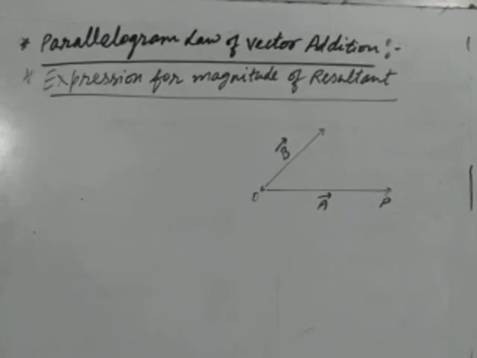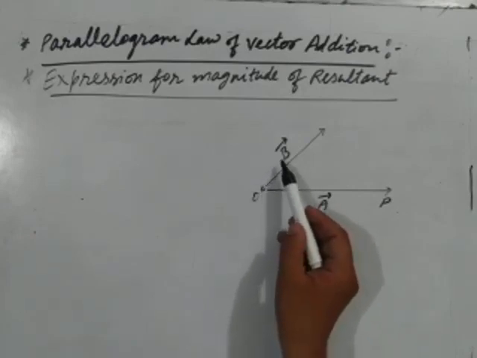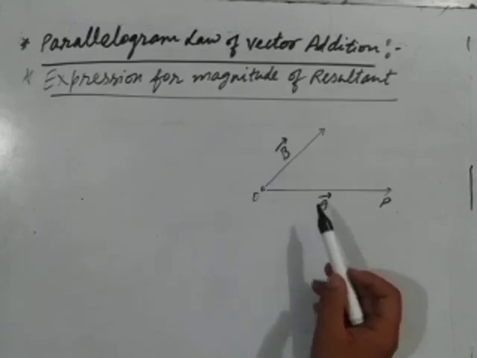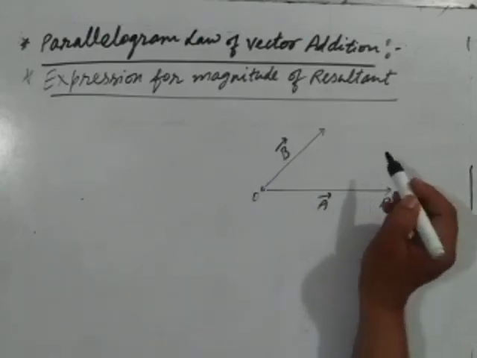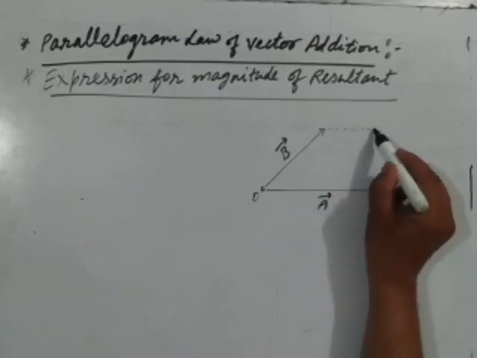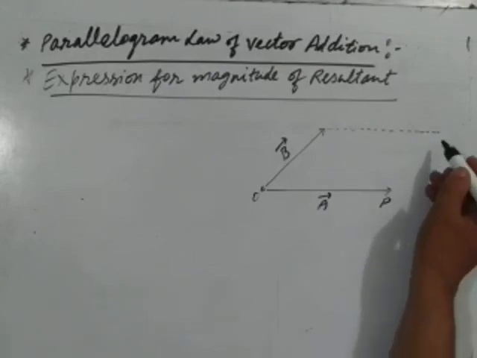Now the expression for magnitude of resultant. So if A vector and B vector are acting at a point such that they represent the two adjacent sides of a parallelogram, then we will complete this parallelogram to find out the magnitude of the resultant.